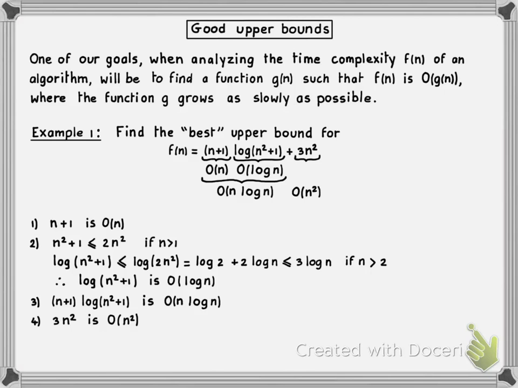And finally, we can use theorem 1 pertaining to additions of functions to infer that f of n is big O of the maximum of this function with this function. Of course, you remember that n squared grows faster than n log n. In other words, this term of f of n dominates the first one. So in conclusion, f of n is big O of n squared. And this concludes our example.